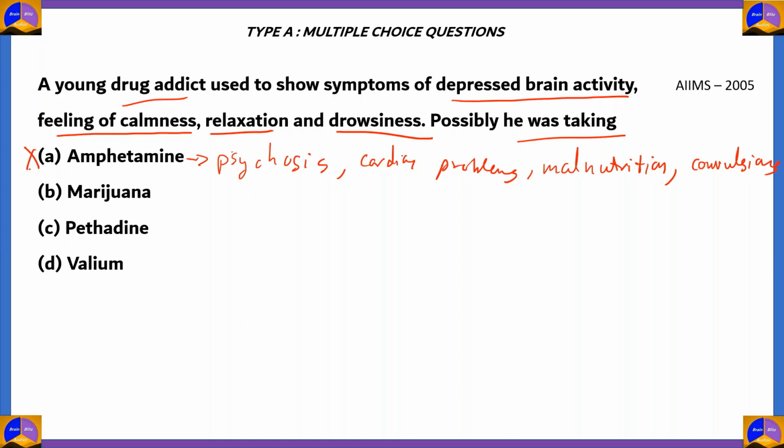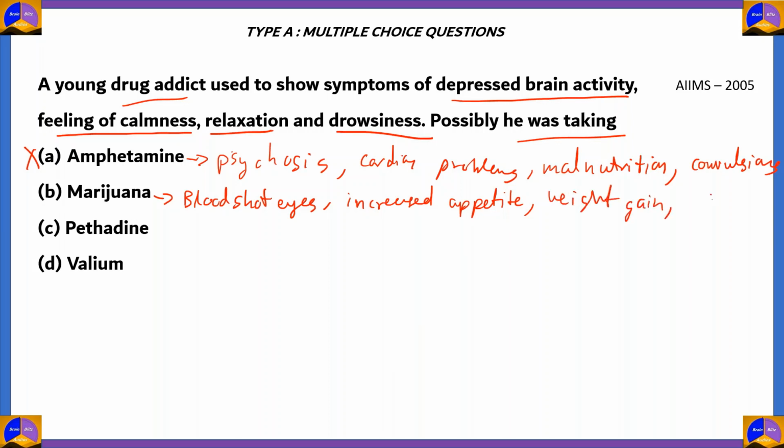What about option B, marijuana, also known as cannabis? Now, marijuana causes bloodshot eyes. So your eyes become bloodshot, very red. And it also causes increased appetite, and weight gain due to the increased appetite, and it also causes slow reaction times.